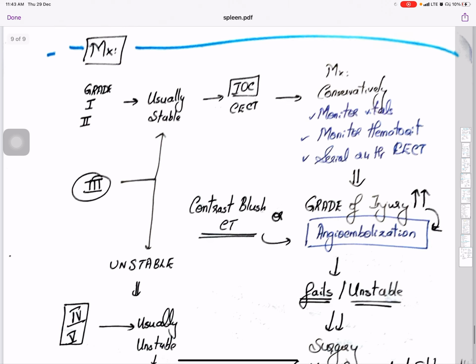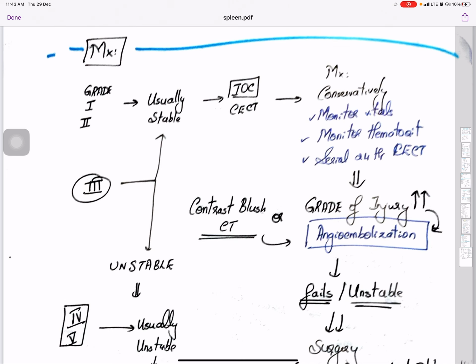The management of splenic trauma is, yeah, grade 1 and 2. I just refer, it's a very nice reference book on it. It's a very nice diagram. As a diagnostic peritoneal lavage, you'll learn in this one, don't worry.